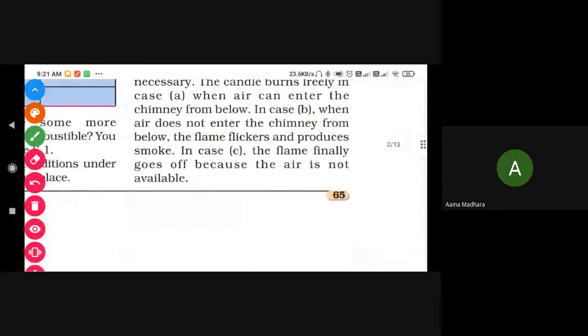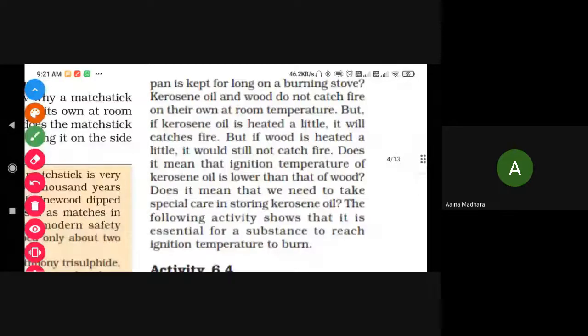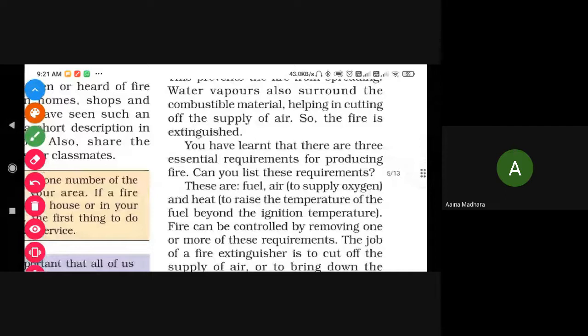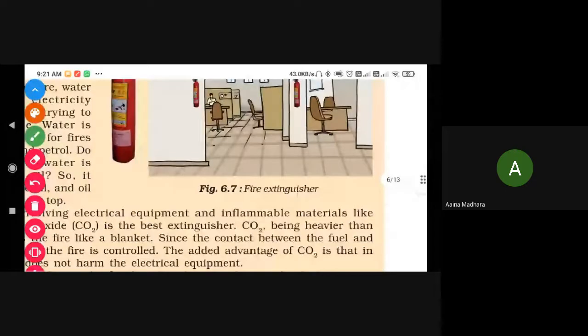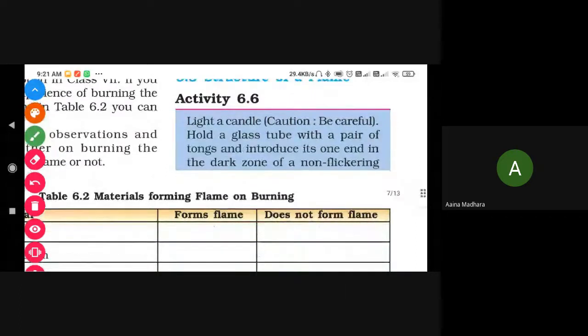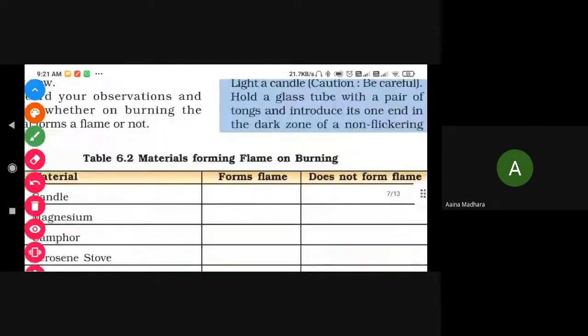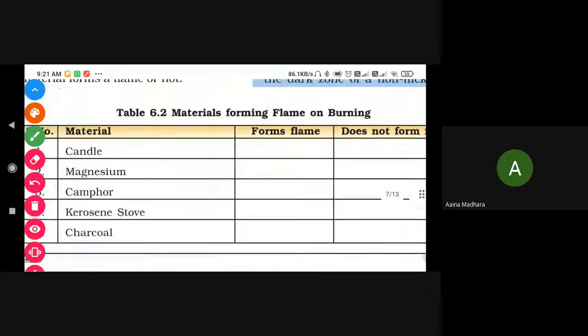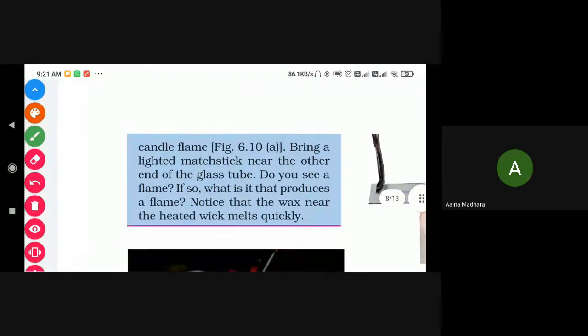So what do you need to do in the activity? You need to burn a candle and hold a glass tube with a pair of tongs. Then introduce its one end in the dark zone of the non-flickering candle flame.